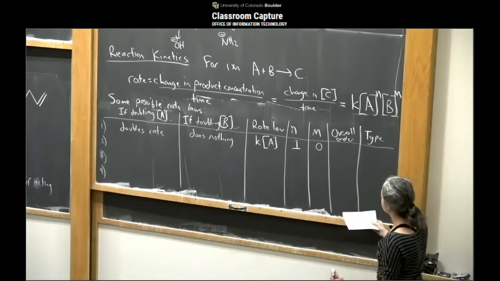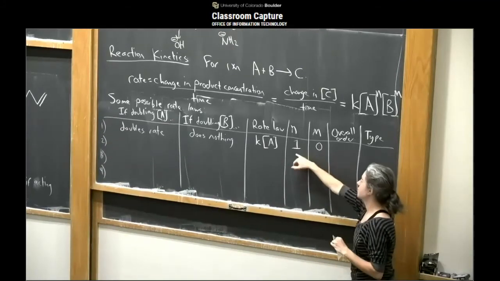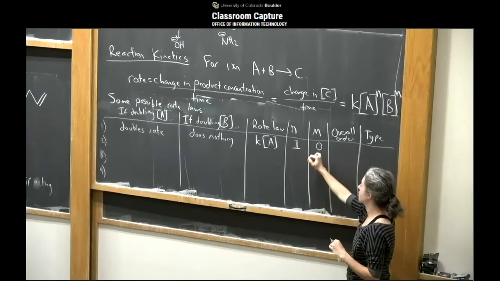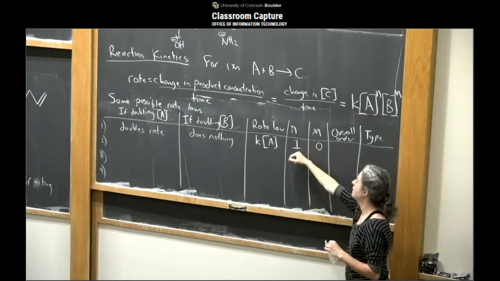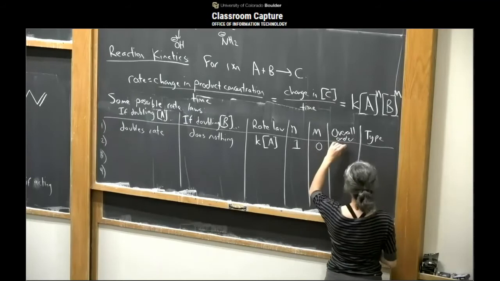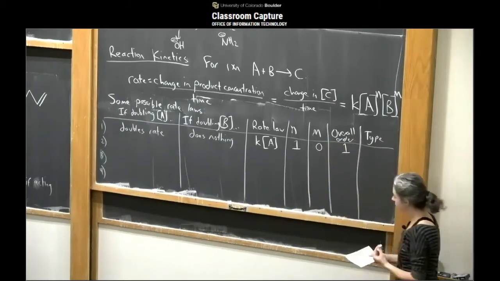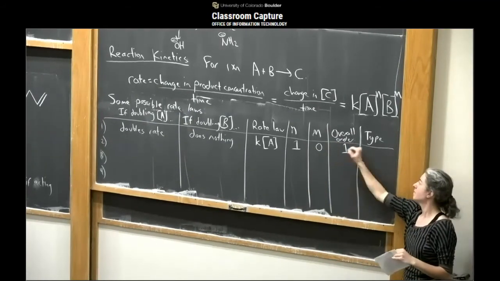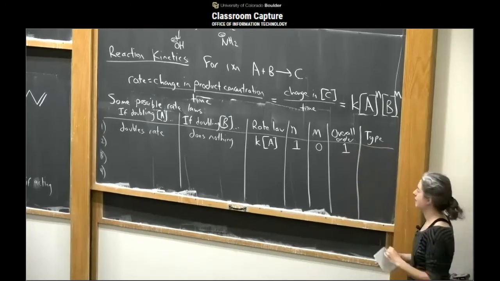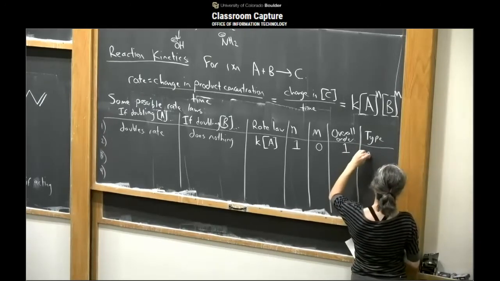Okay, so for the overall order, we just want to sum up the powers of all the reagents. So N plus M, 1 plus 0 is 1. And based on the overall order, we can describe the reaction type as unimolecular.